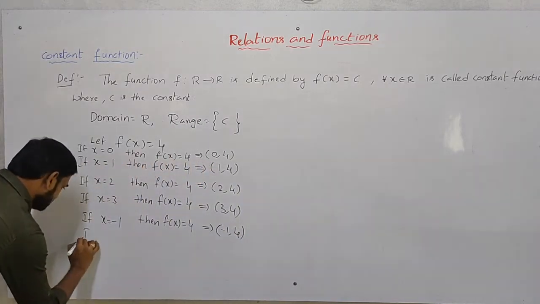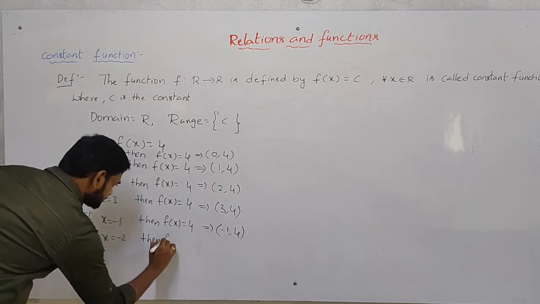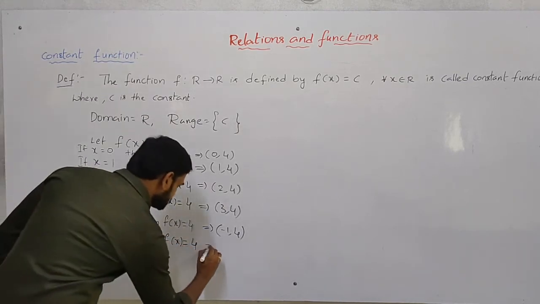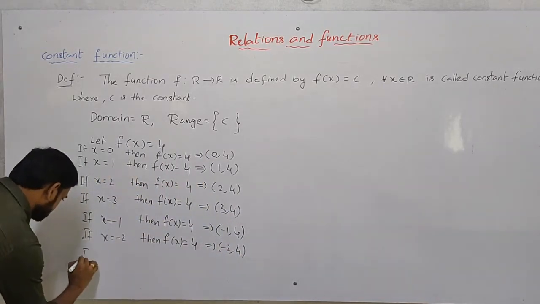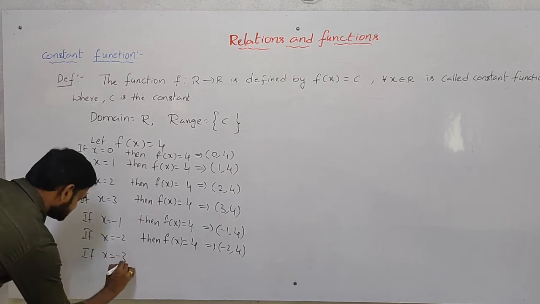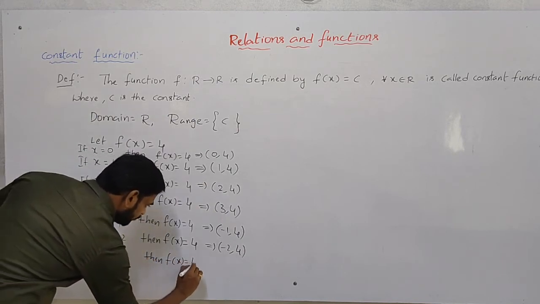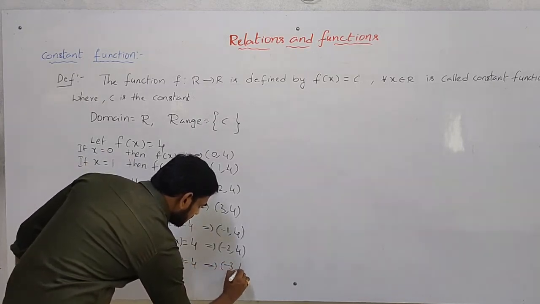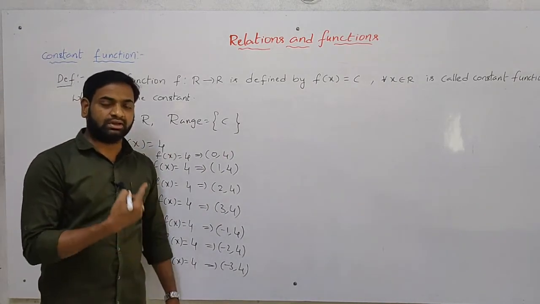Next, if x is minus 2, then f of x equal to 4 only. So that implies minus 2 comma 4. Next, at the last, if x is minus 3, then f of x equal to 4 only. The point is minus 3 comma 4. First the x value, next the f of x value, nothing but y.